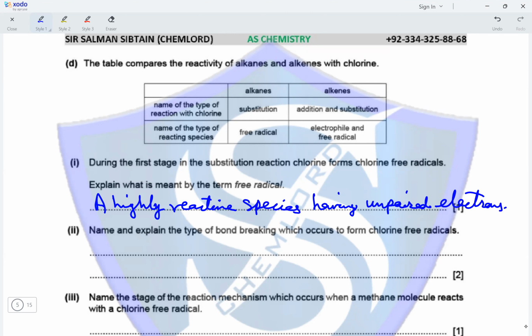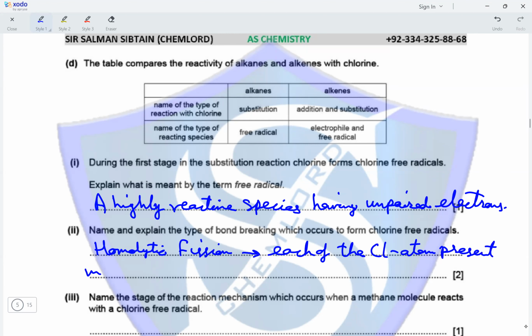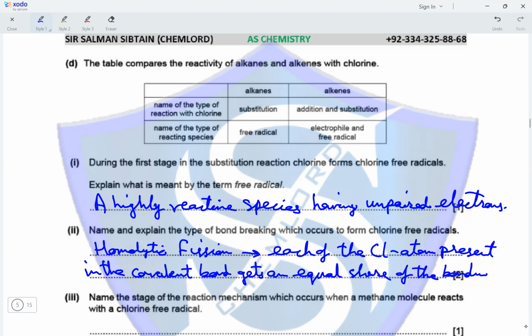Name and explain the type of bond breaking which occurs to form chlorine free radicals. So the type of bond breaking is homolytic fission, and the explanation would be each of the Cl atoms present in the covalent bond gets an equal share of the bonding electrons.